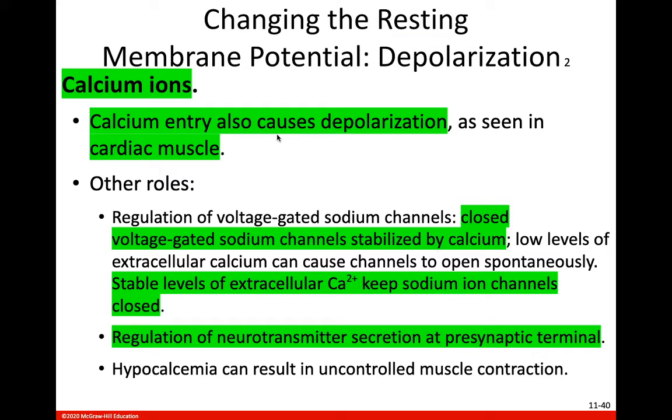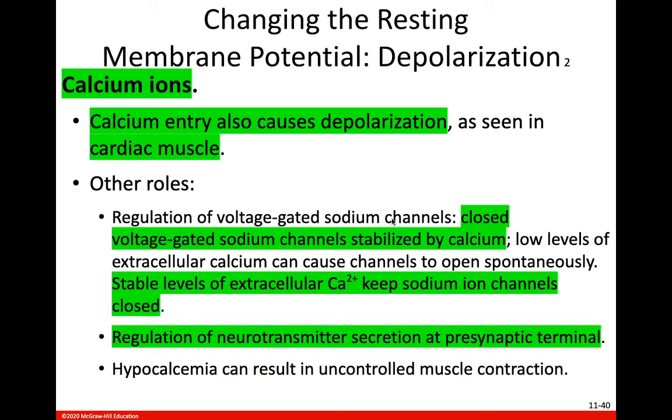Calcium ions. If we open calcium ion channels and allow calcium to diffuse into the cell, then that will also cause the cell to become more positive inside. Take us from a more negative charge to a less negative charge, and cause depolarization. This is part of what happens in cardiac and smooth muscle. Not only do you have sodium coming in, but you also have calcium coming in, and that brings our charge closer to zero, more positive inside the cell, causing depolarization.